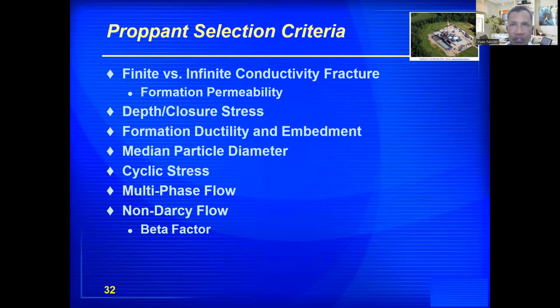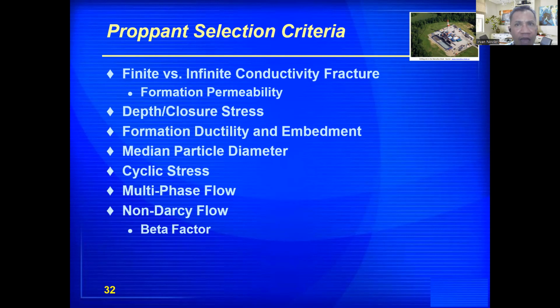Depth and closure stress is how most people pick proppant, and you are going to see in a minute that is not the way we do it. Formation ductility and embedment: the more ductile the formation, the harder it is to initiate a fracture, but also the more prone it is to embedment. Median particle diameter, you are going to see, makes a huge difference in how we select a proppant.